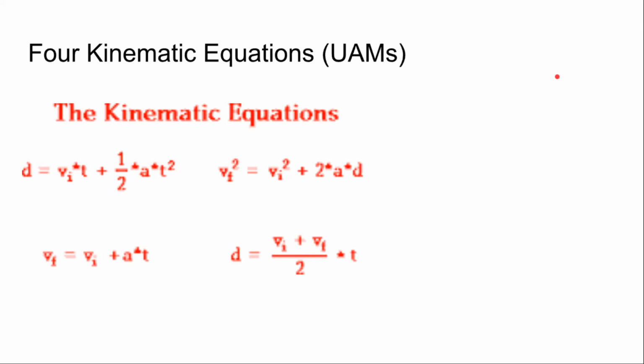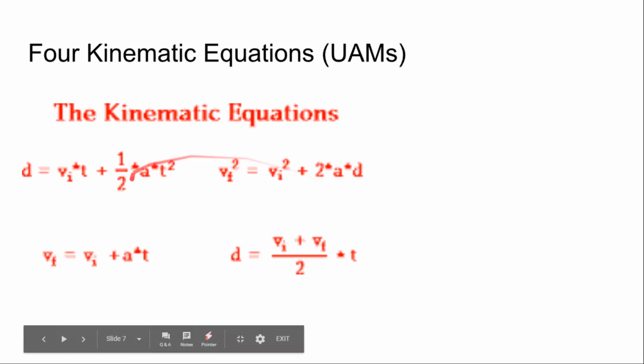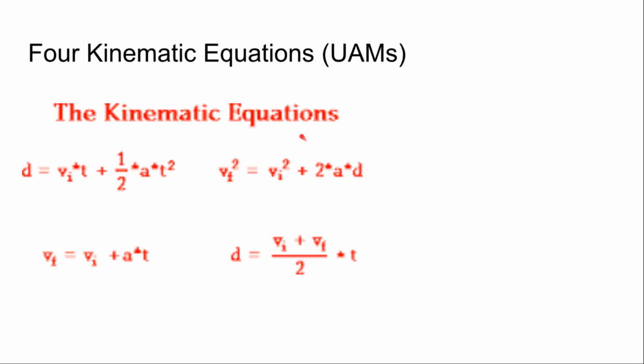So next we have our four kinematic equations, or you can call them UAMs. This is for uniformly accelerated motion, which means all these equations you can use here are applicable only if acceleration is constant, as in this unit, acceleration is usually constant. And so here are the equations. Of course, d equals v initial times time plus 1/2 a t squared.